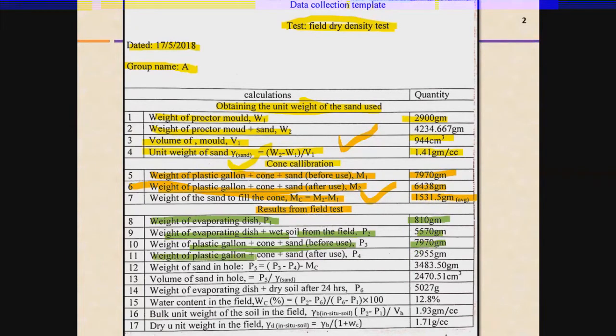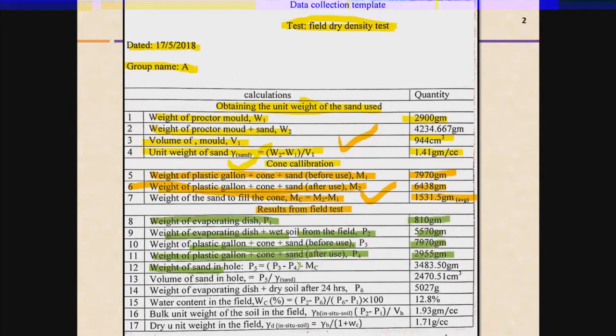Then the weight of plastic gallon plus cone plus sand after use, P4, was 2955 gram. Now the weight of sand in hole, P5, will be P3 minus P4 minus MC. P3 is the weight of plastic gallon plus cone plus sand before use, and P4 is the weight of plastic gallon plus cone plus sand after use.